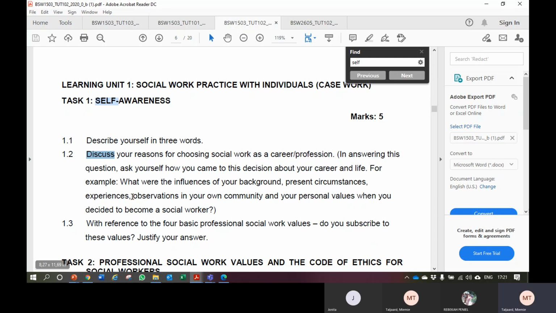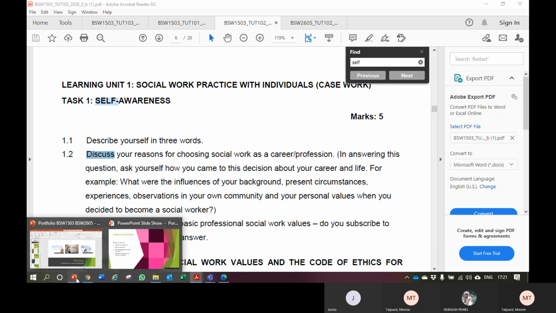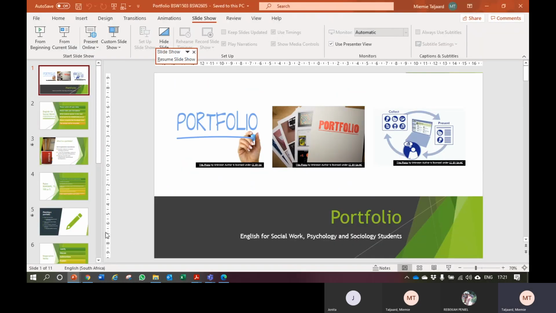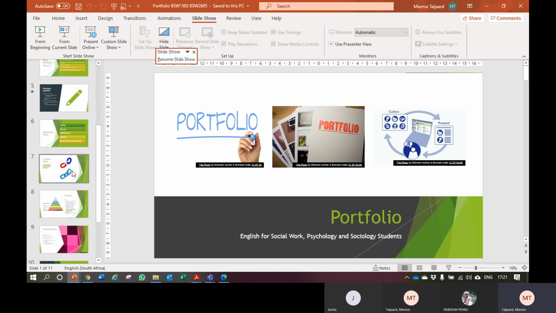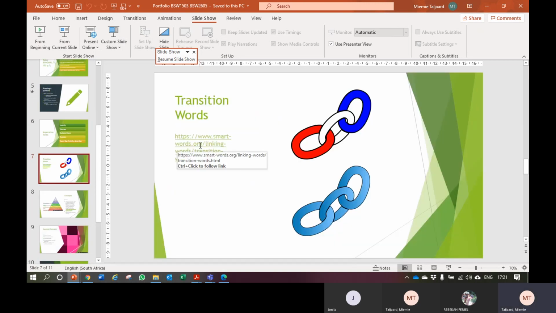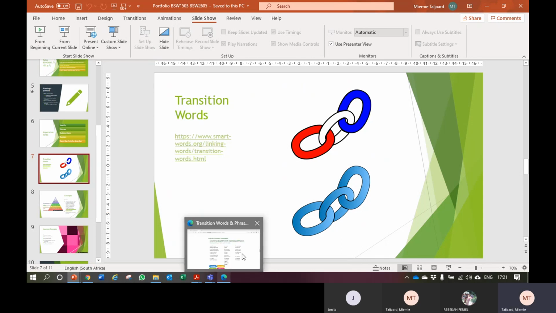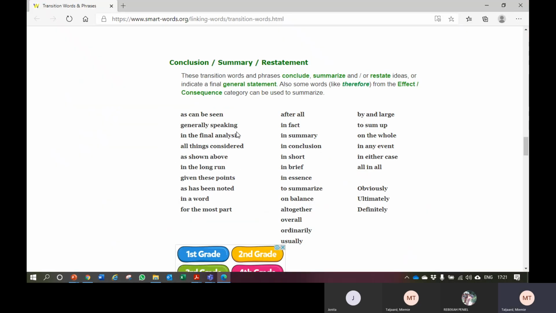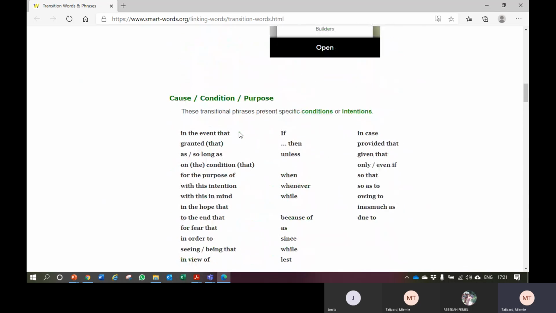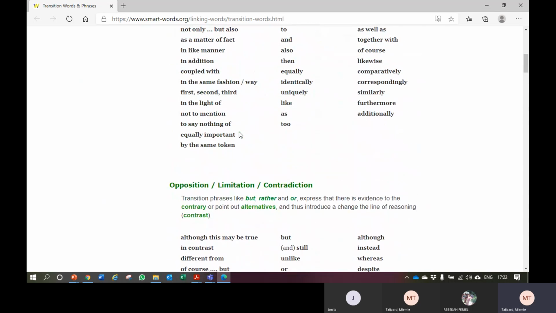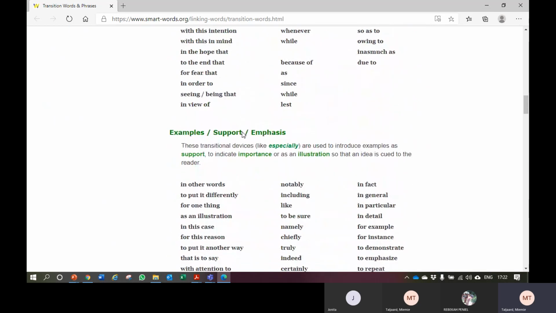If we go back, here, do you see why you would need these transition phrases to write that specific answer?